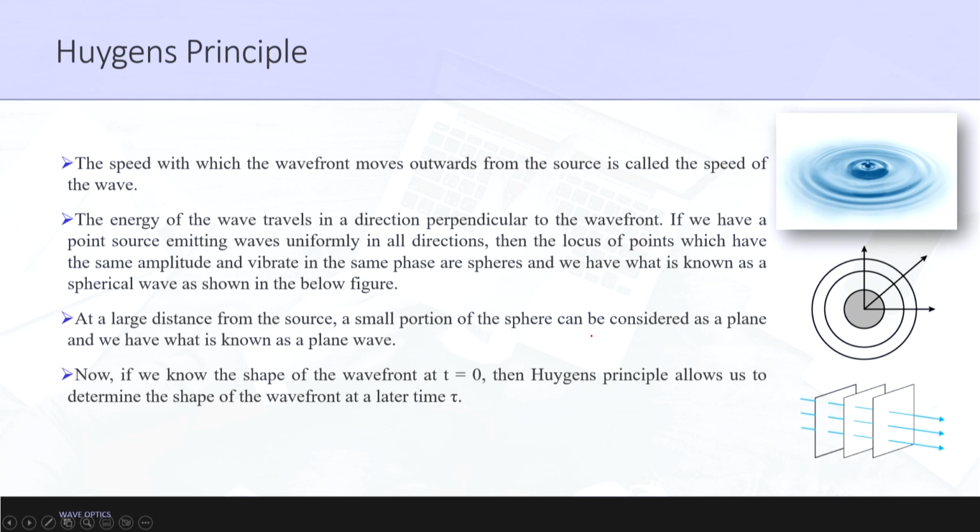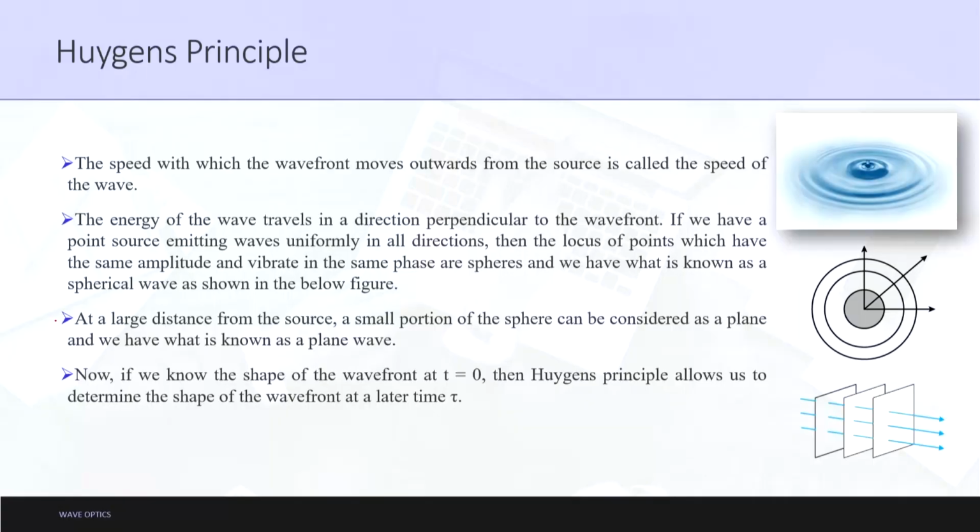Moving on. The next thing we studied was that every one of these wave fronts is spherical, and each point on the sphere is at an equal distance from the source. If the radius of the sphere is very large, let us say around 100 meters or 1 kilometer, then a small part of that sphere can act as a plane, and the waves passing through can be considered as a plane wave.